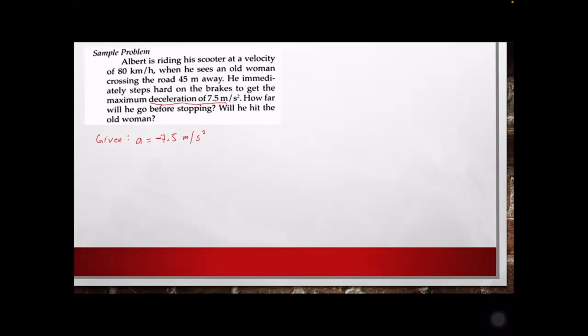Nagkaroon siya ng 7.5 meters per second squared na deceleration, babagal. Ang tanong sa kanya is, matatamaan niya ba yung babae? Or tanong pala is, how far will he go before stopping? Gaano daw siya kalayo bago siya mag-brake?